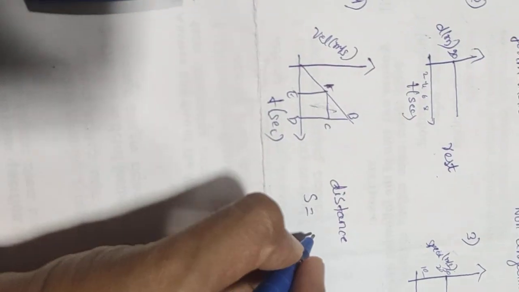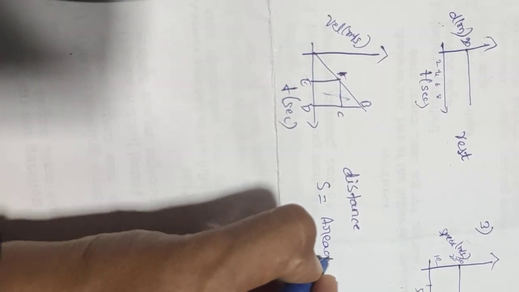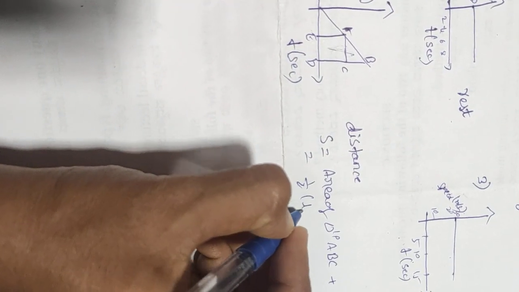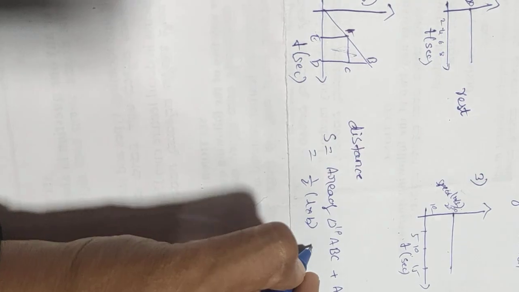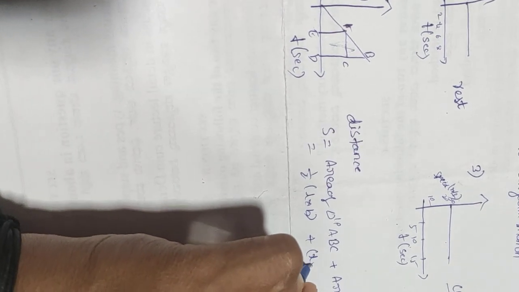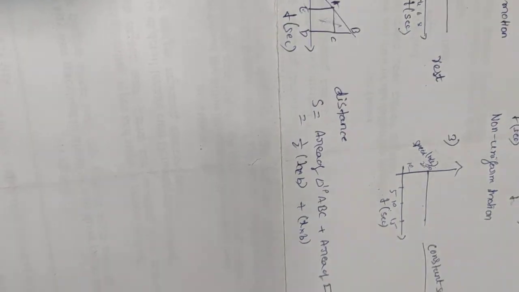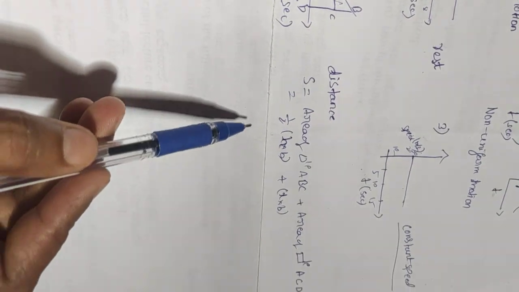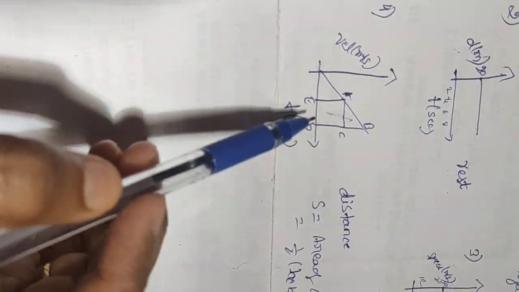We know that distance is equal to the area of triangle ABC plus the area of rectangle ACDE. By the formula L into B or B into H, we can find the distance traveled by the object, that is, whatever area is covered.